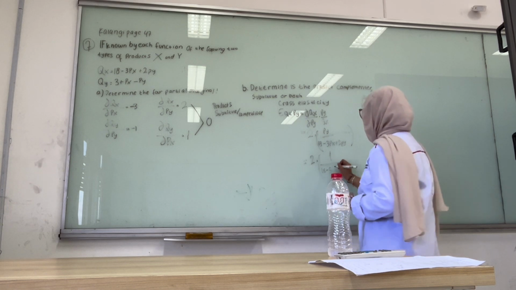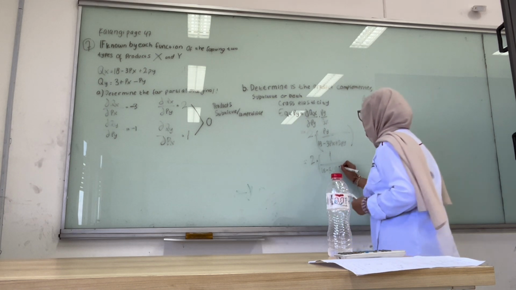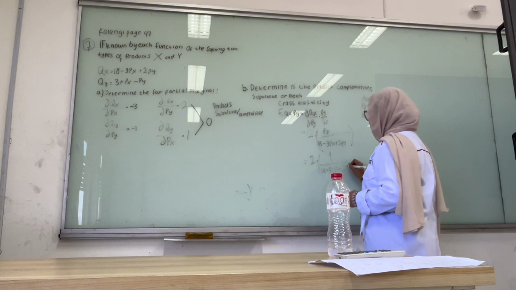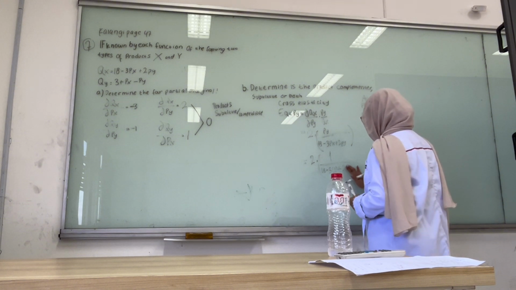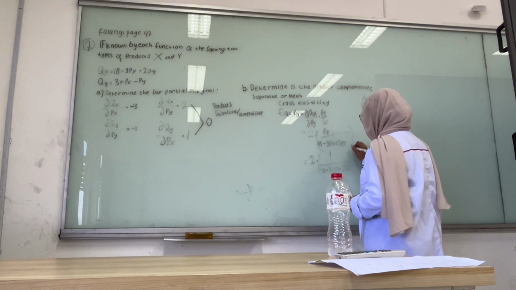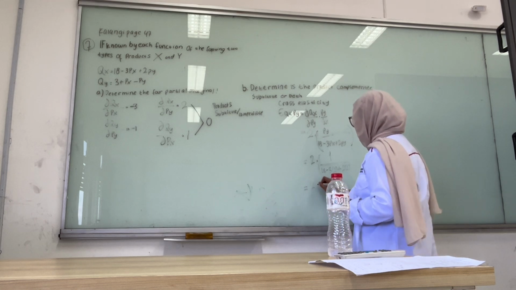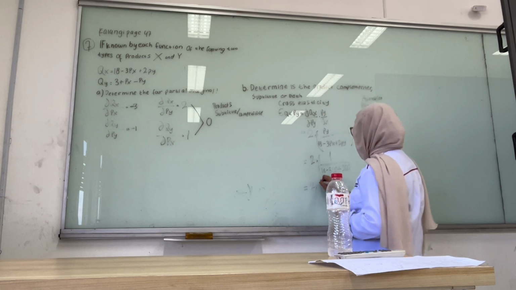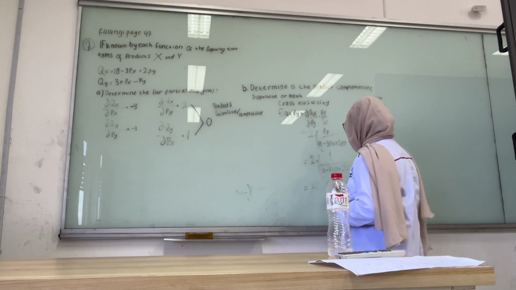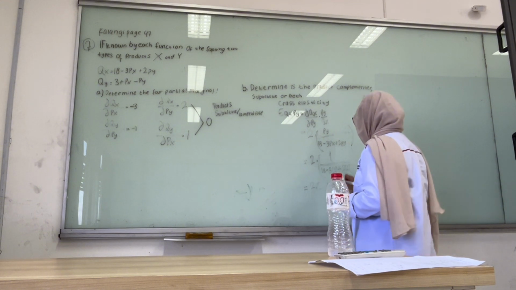We put the 1 in EX and also the 1 in EY. So it's 2 times 1, over 18.